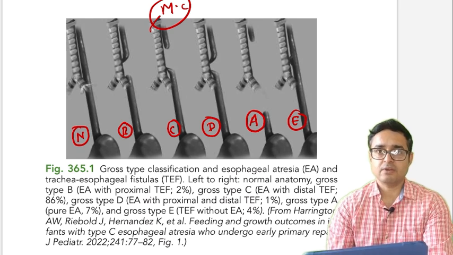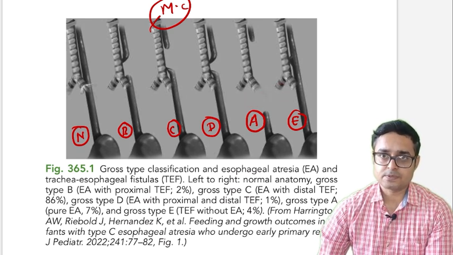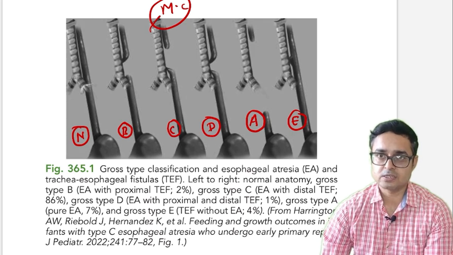So it is very important that type A, pure esophageal atresia, and type C with distal tracheoesophageal fistula are the most common.